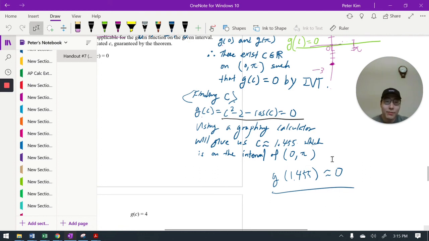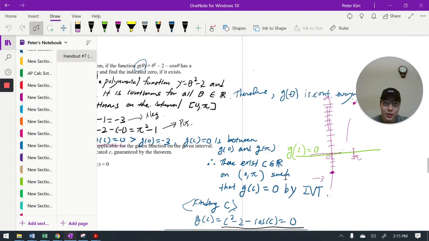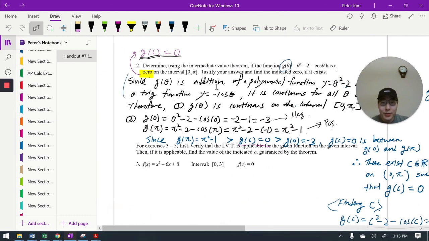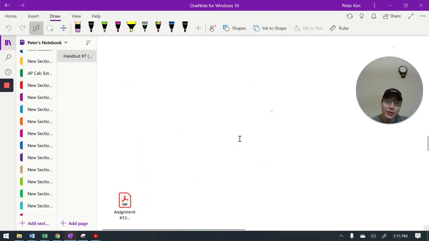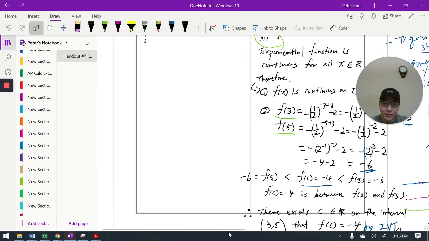Pretty cool, right? And 1.455 is in that interval, just like we proved it using IVT. Right. So IVT, I mean, it's a lot of writing. That's usually what a proof entails, right? You need to write a lot, more than numbers.